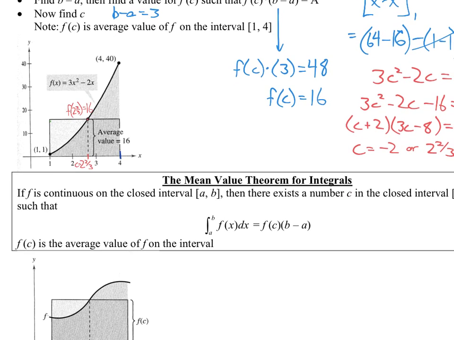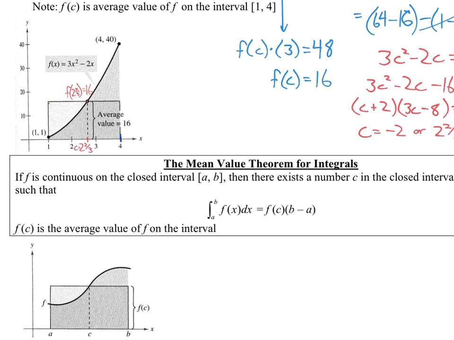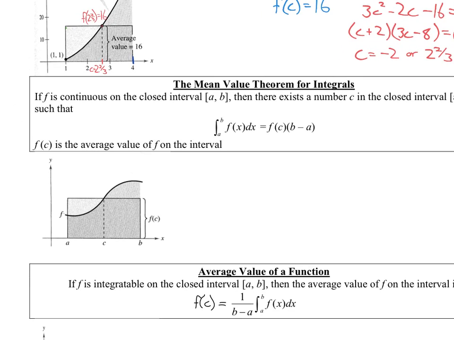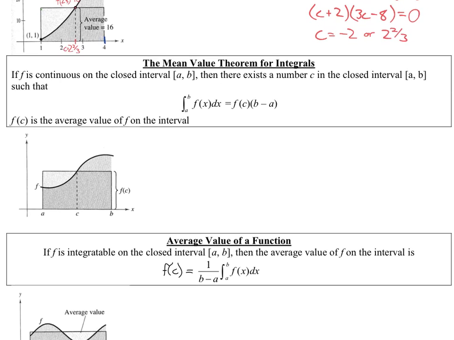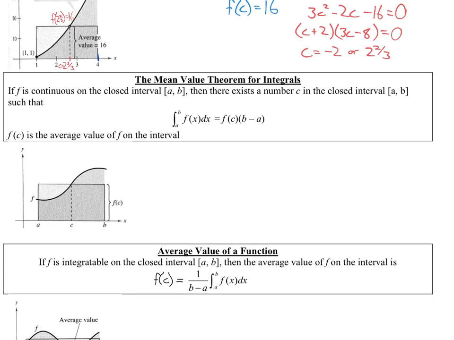So we have this relationship here. F of c times b minus a equals the value of the integral. Okay? So here's kind of a corollary to that. If I were to solve this mean value theorem for f of c, it would be 1 over b minus a times the integral from a to b of f of x dx. That gives me the average value of the function.